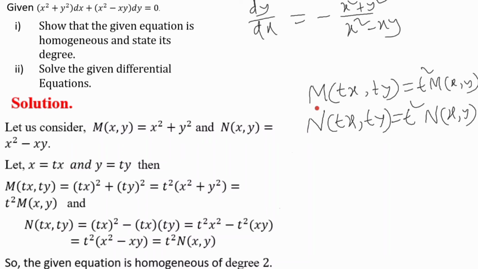So according to the definition, we get N(tx,ty) equals t square N(x,y), M(tx,ty) equals t square M(x,y). So we can say that M and N both are homogeneous functions with degree 2. Therefore, we can say this differential equation is also a homogeneous equation, a homogeneous differential equation with degree 2. So let us solve this homogeneous differential equation.